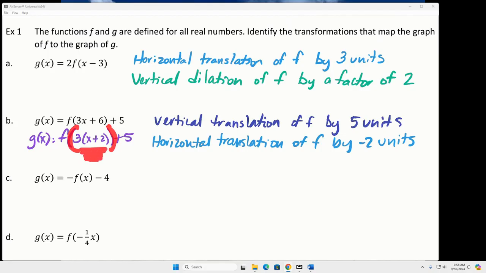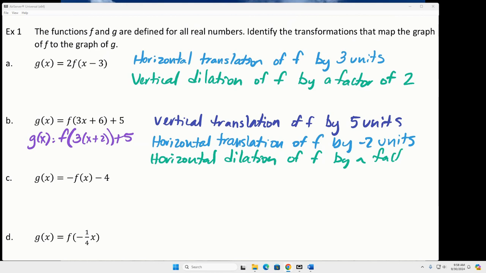So this is all inside. So that 3 is still inside, which makes it a horizontal dilation of f by a factor of, what do y'all think?